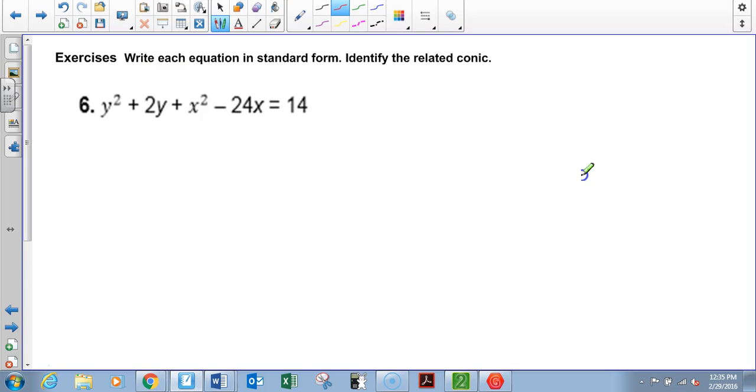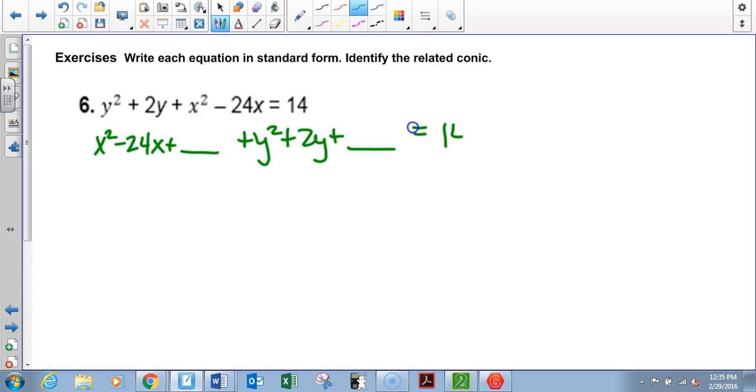All right. Can you try number 6? Any factoring out of coefficients? Does it have both an x squared and a y squared? Yeah.